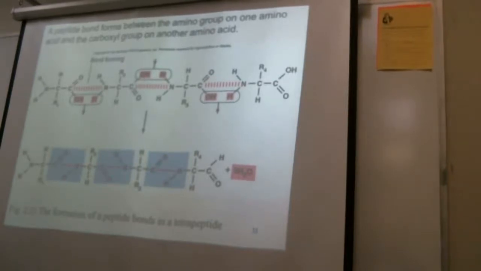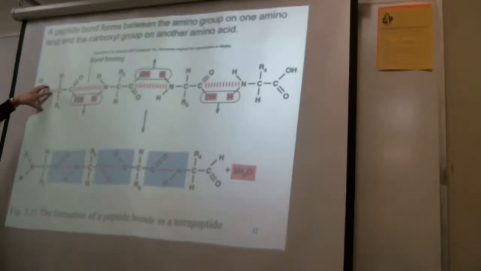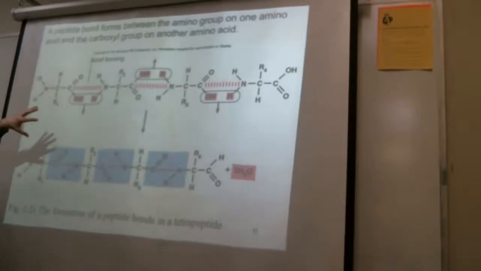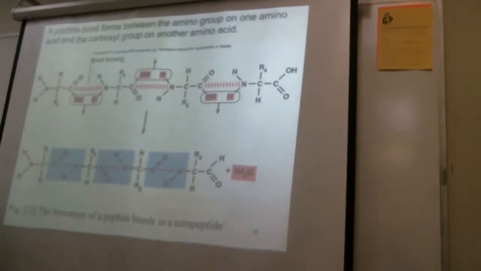Now, one of the things that I ask you on your exam is descriptions of all of these different macromolecules. So, as far as the structure and where the bonds form, when we talk about amino acid bound to amino acid, there's a part to the amino acid that's the amino end, and there's another part that's called the carboxyl end.